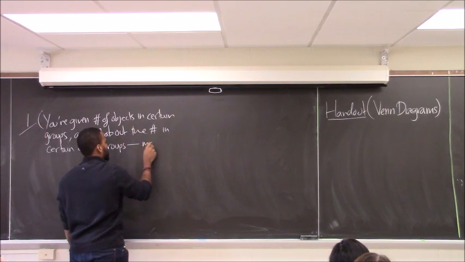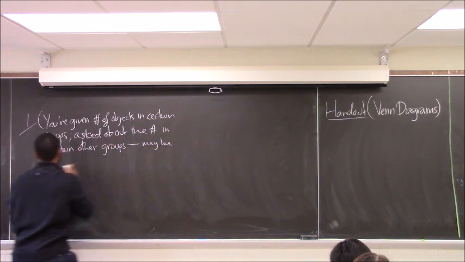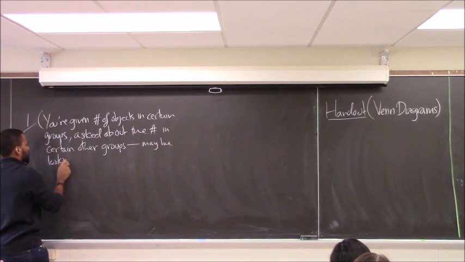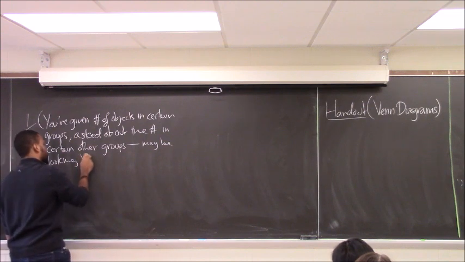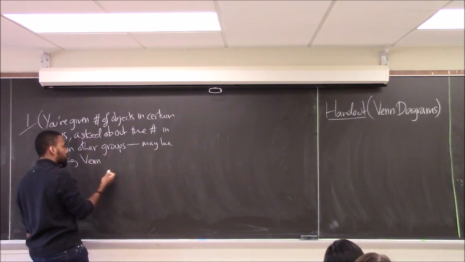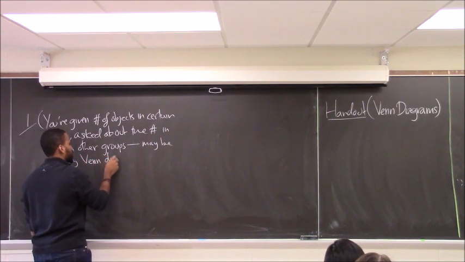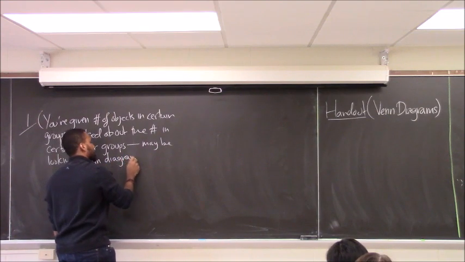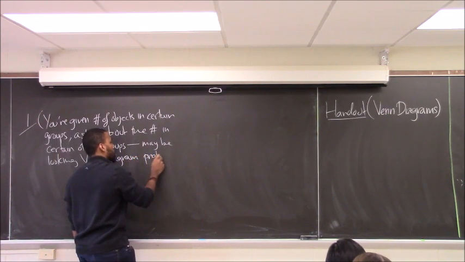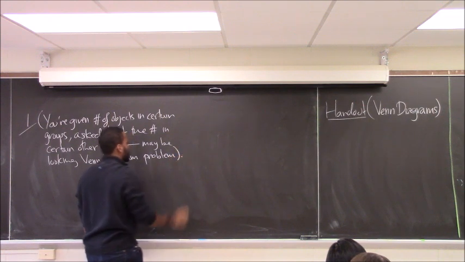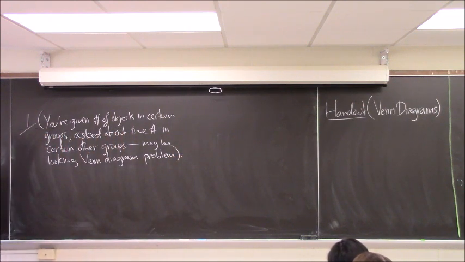Then you may be looking at a Venn diagram problem. In the final, I'll have a bunch of word problems, so you want to know how to distinguish when you're reading a word problem and it's a Venn diagram problem versus something else. So basically here, we're given about how many people are in certain groups, and we're asked about how many fall into other groups.